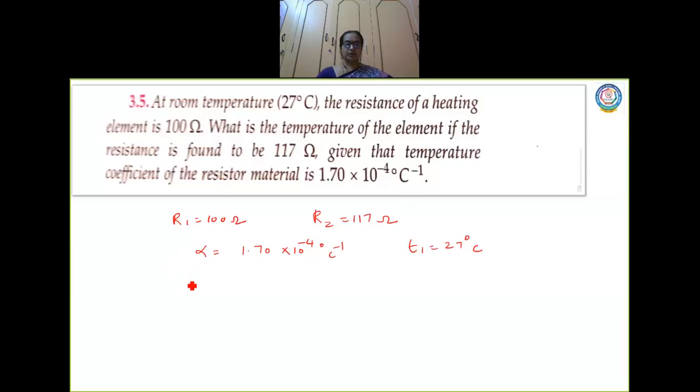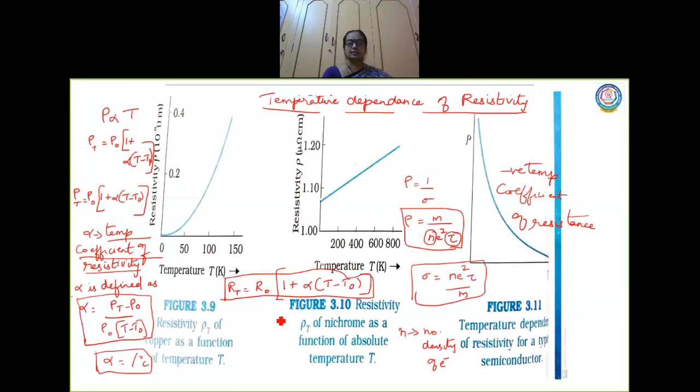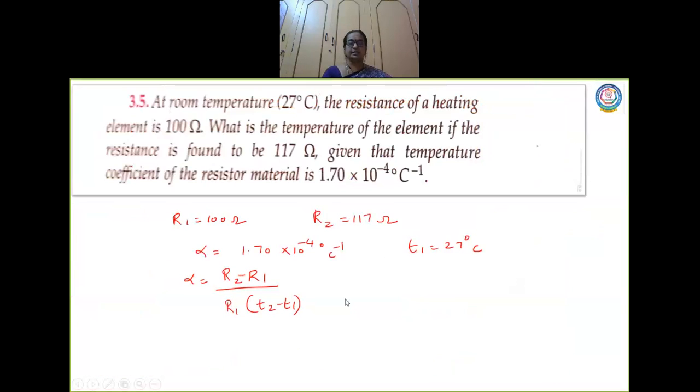Let us write the formula based on resistance, because all the resistance values are given. Alpha equal to R2 minus R1 by R1 into T2 minus T1. I have rearranged the formula here. You can rearrange and see.